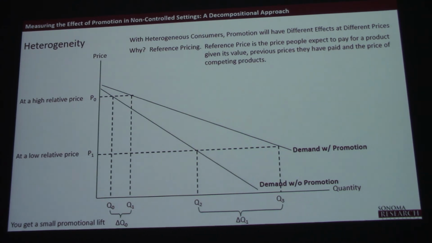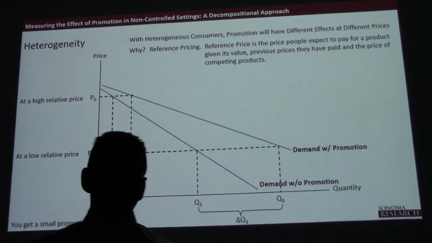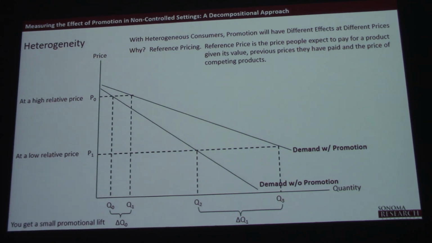If those two lines are parallel, then it doesn't really matter, because promotional lift is the same no matter where you're at. But if they're not parallel, if you have heterogeneity amongst consumers, then there's going to be some sweet spot. There's going to be some price at which you're going to get the biggest promotional lift. And again, we can see how you're going to get different lifts at different prices. We should try to find that price that maximizes our promotion.